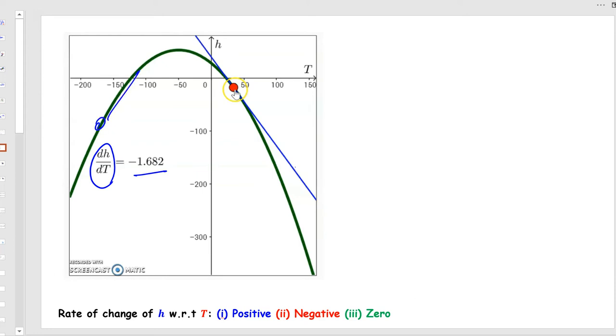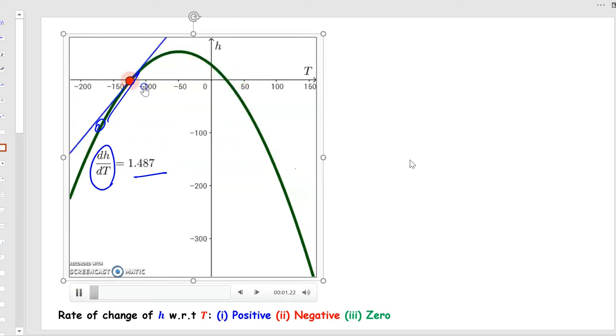For example, if you look at the video here, the red point is moving up, and also you change the rate of change, the derivative of temperature with respect to height. So this derivative is moving up when it is positive.